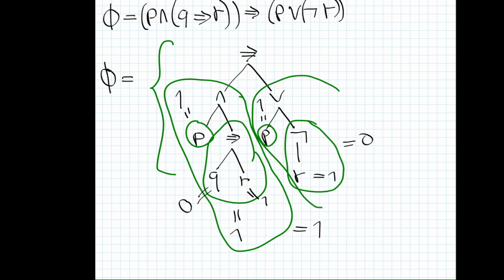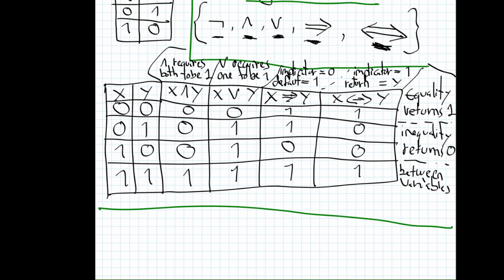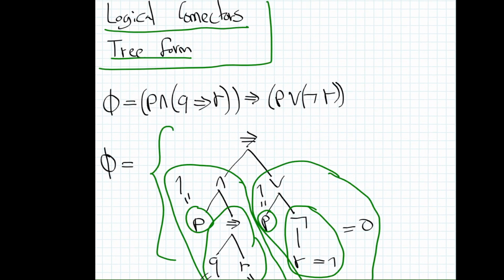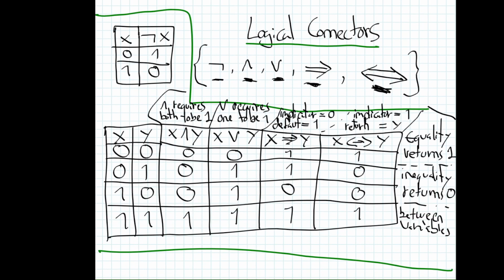Now we grab the whole thing and we say, well, 1 disjunction 0, and how did those behave? Sorry, the disjunction, not the implication. If we have a 1 and a 0, then it becomes a 1. Yep.